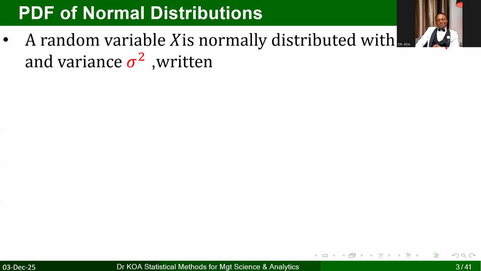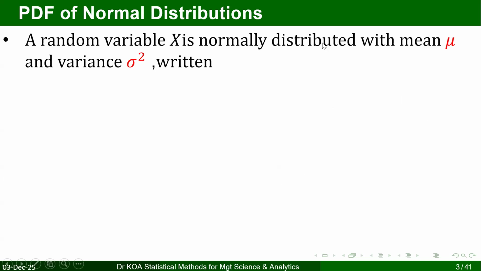So let's try to understand the normal distribution. A particular random variable x is said to be normally distributed with a mean mu and a variance sigma squared. Now, if you take away the square, what is sigma?